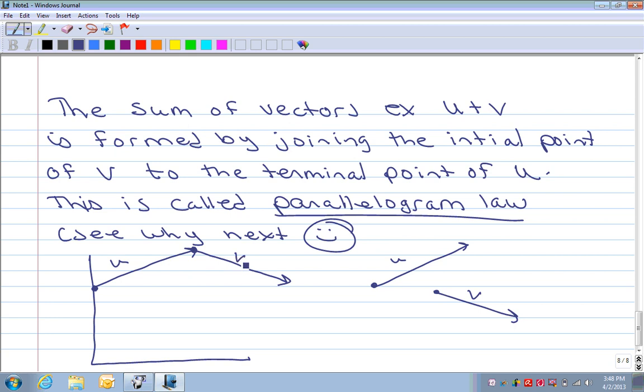My resultant vector, and resultant means the sum of those two vectors, if I added them together, this would technically be u plus v. My resultant vector would start at the initial point of the first vector, and it would end at the terminal point of the second vector. So this would be my resultant.